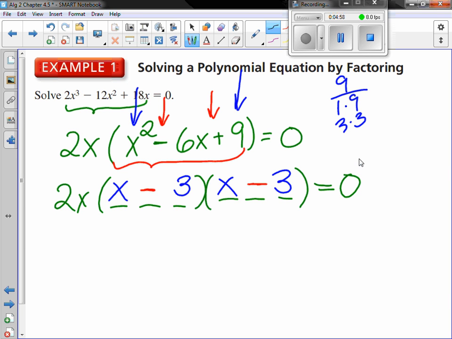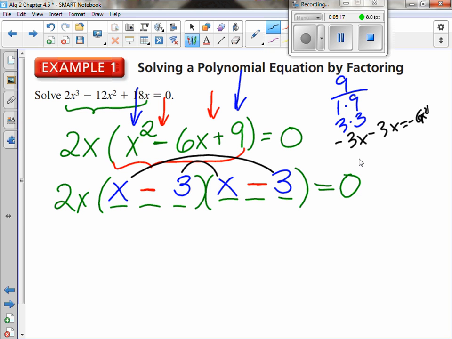We can check this: x times negative 3 would be negative 3x, and negative 3 times x would be negative 3x, which would give us negative 6x, which we wanted. So these are factored. Yes? So we have 2x times x minus 3 times x minus 3 equals 0.